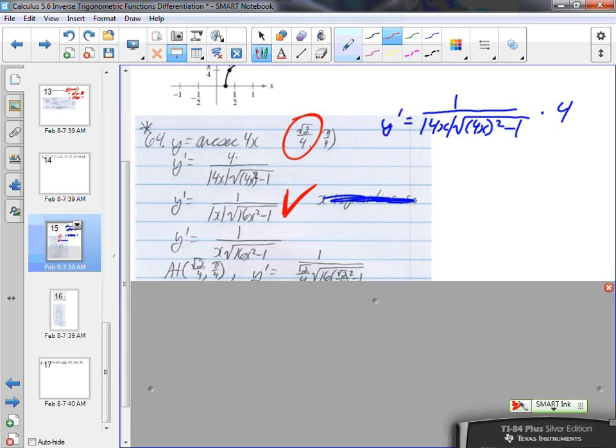Okay? So square root of 2 over 4 times the square root of 16. By the way, I changed 4x in the parentheses squared to 16x squared, didn't I? So 16 times x squared, square root of 2 over 4 squared, minus 1. You guys with me down to here?